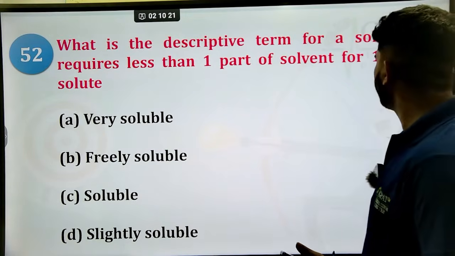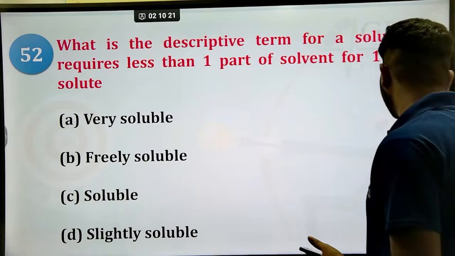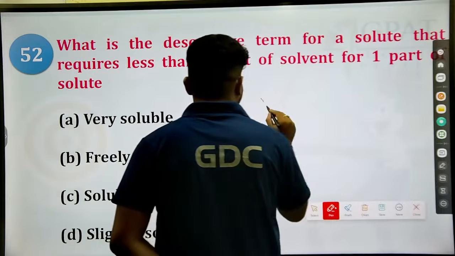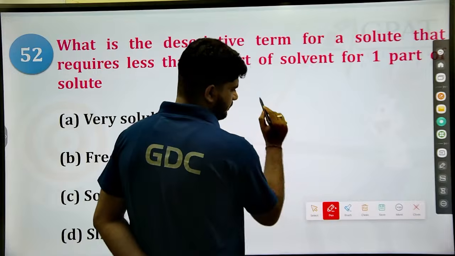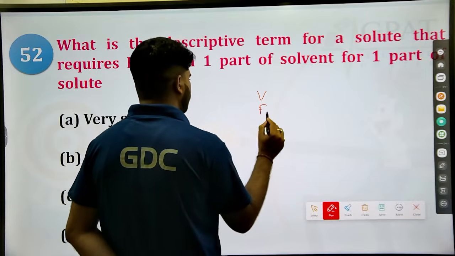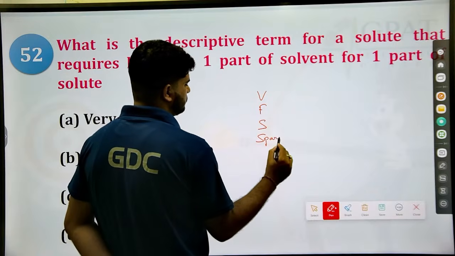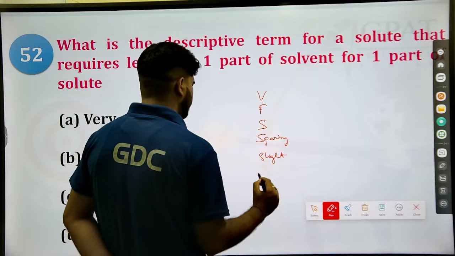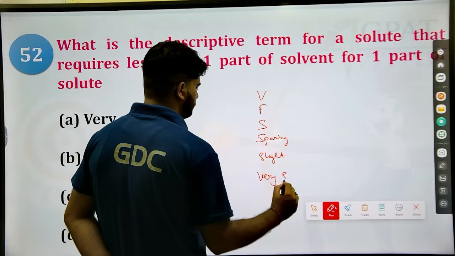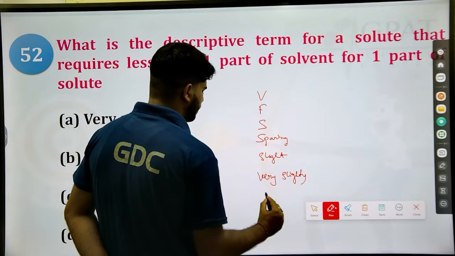What is the descriptive form for solute that requires less than 1 part of solvent for 1 part of solute, guys? Okay, simple. Solubility expression only: very soluble, freely soluble, soluble, sparingly soluble, slightly soluble, very slightly soluble, and practically insoluble.